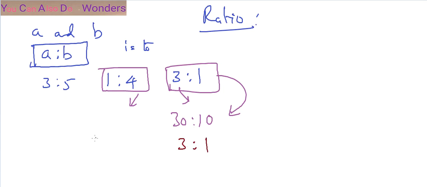Even 9 is to 3 will give the same ratio, 3 is to 1. So for example 9 rupees and 3 rupees, 9 kg, 3 kg, 30 rupees, 10 rupees, all will give the same ratio of 3 is to 1, which means the first quantity is 3 times the second one.